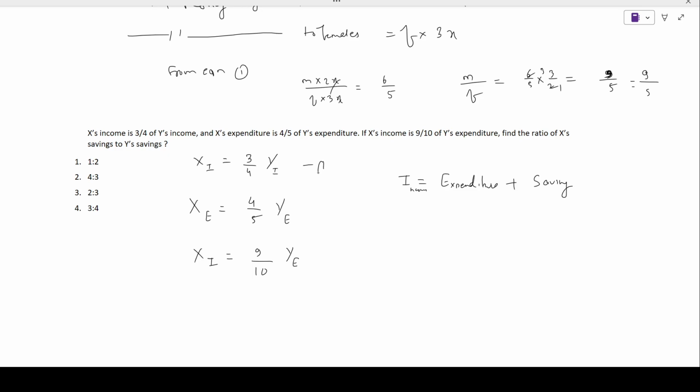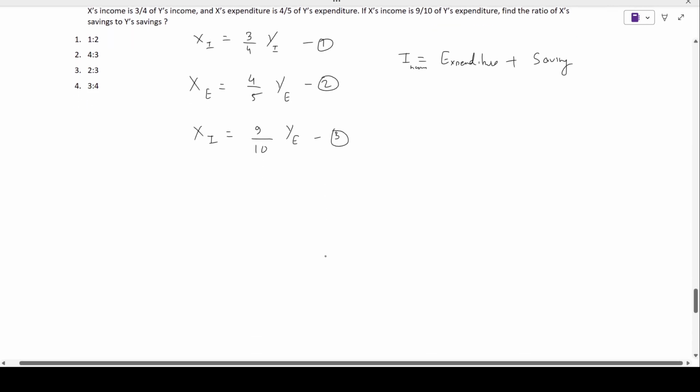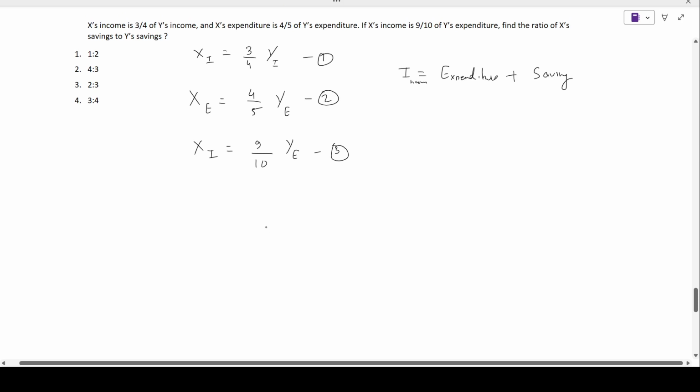Here let's name these equations as equation 1, equation 2 and equation number 3. If we divide equations 2 and 3, we will get the proportion of expenditure to income for X.